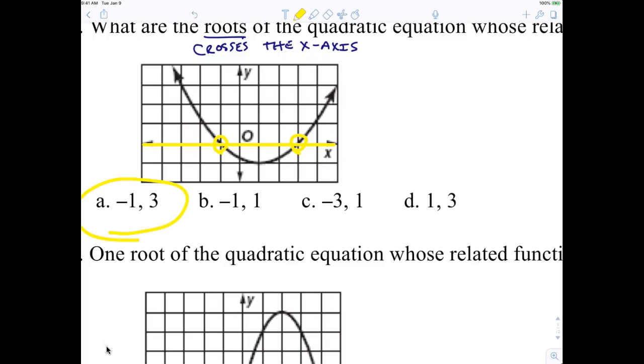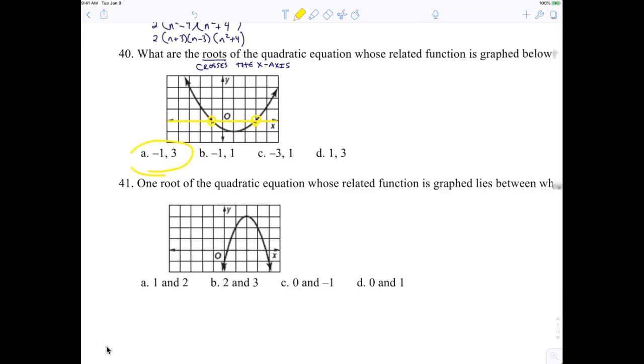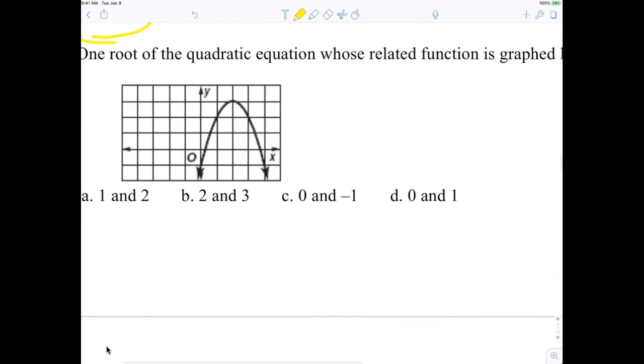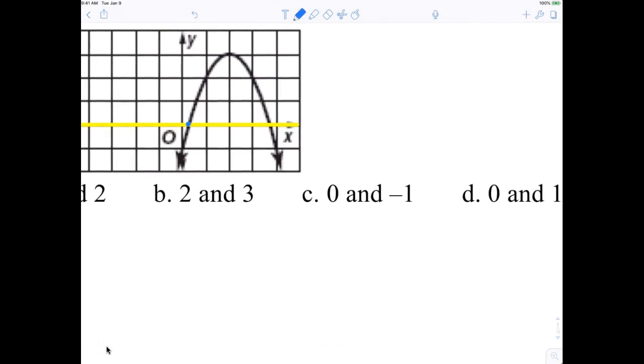Okay, so now again, I'm going to highlight the x-axis so we can find it. All right, then this point right here is a root, and this point right there is a root.